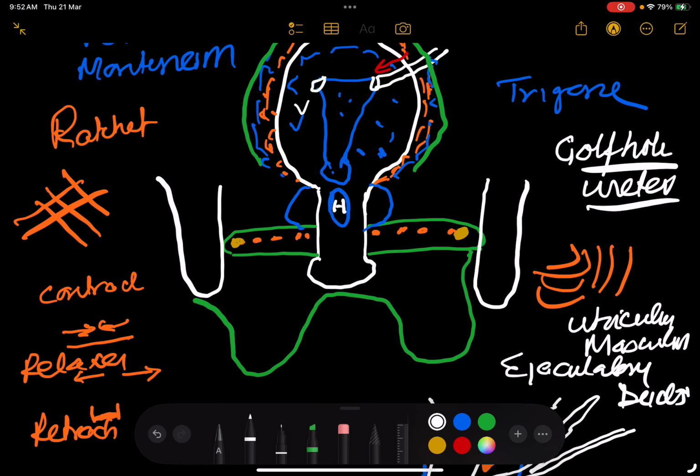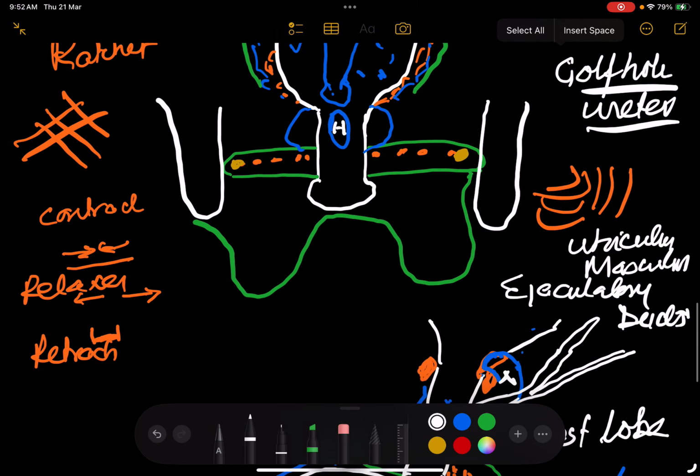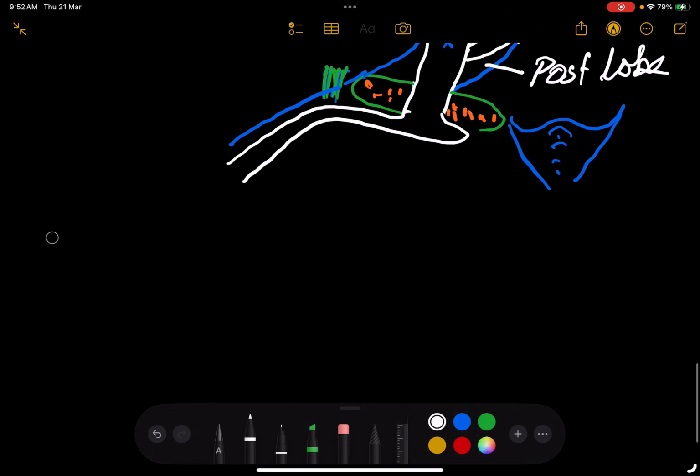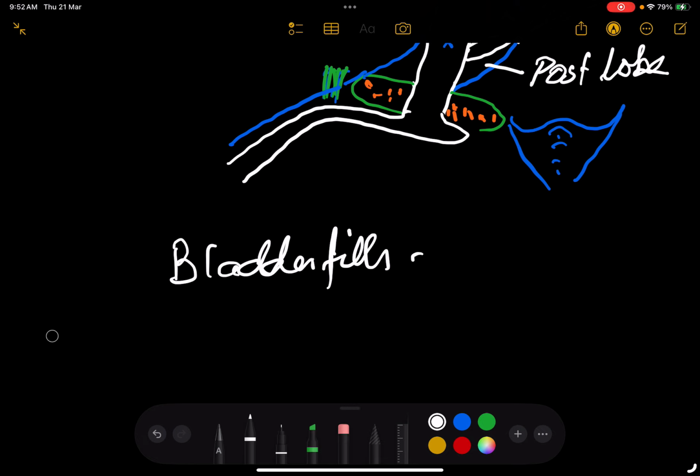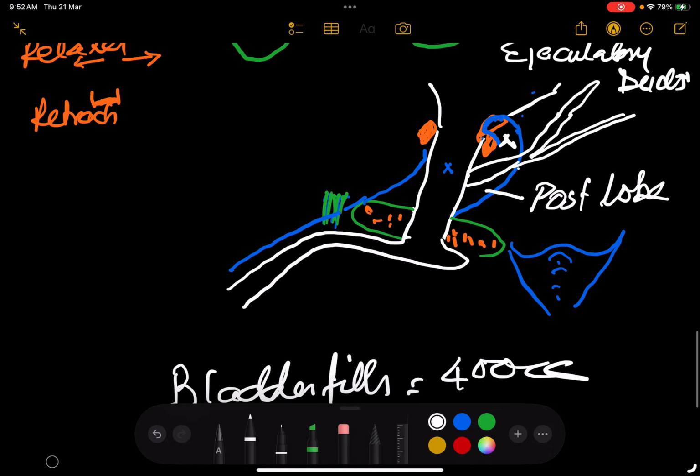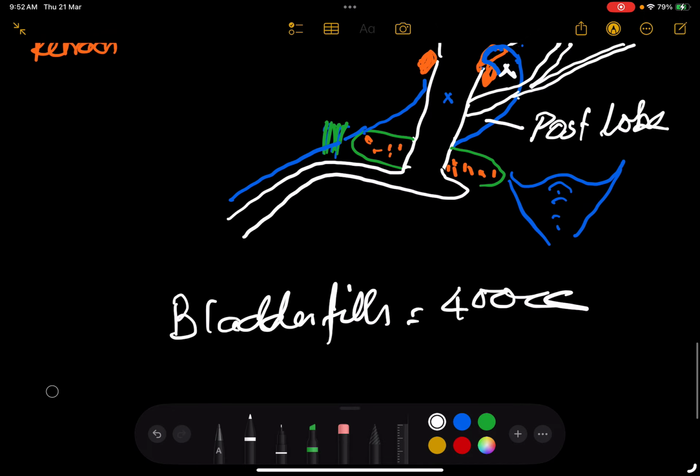So if you want to understand micturition, first thing, the bladder fills to about 400 cc. Then, because of this, the local reflex in the bladder starts.